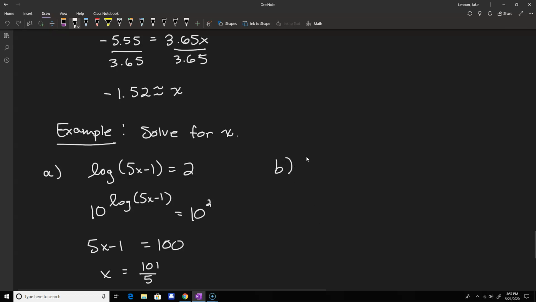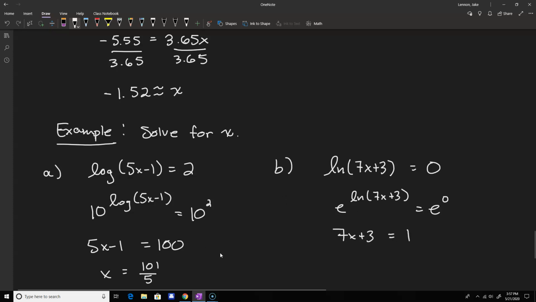Let's suppose we had the natural log of 7x plus 3 equals 0. Again, this is not so difficult. We're just going to use the other inverse property. So if we make both sides the exponent of e, then we will be able to cancel out that logarithm, and we'll just be able to evaluate on the right. So on the left, we'll have 7x plus 3, and on the right, we'll have 1.